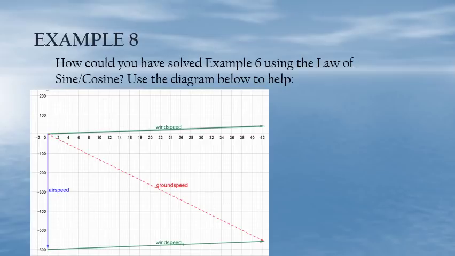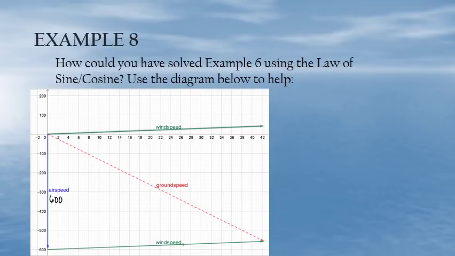In other words, the airspeed was 600 miles per hour headed due south. The vector in blue has a length of 600, and we said that was an angle of 270 degrees with the positive x-axis. Now, if we're going to talk about law of sines and cosines, then what we're really going to pay attention to is how we can make triangles out of all of this.